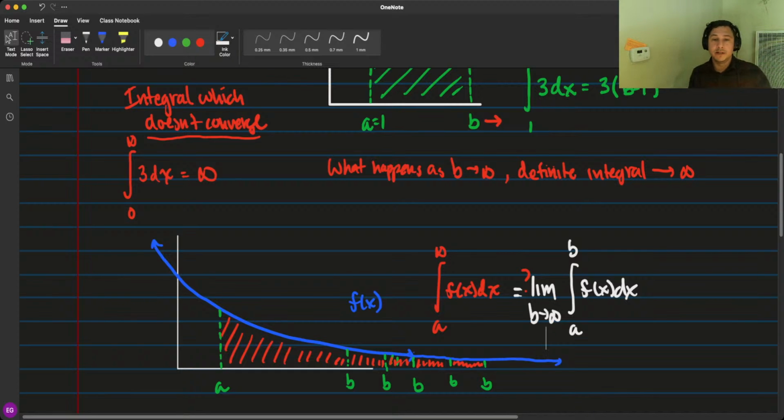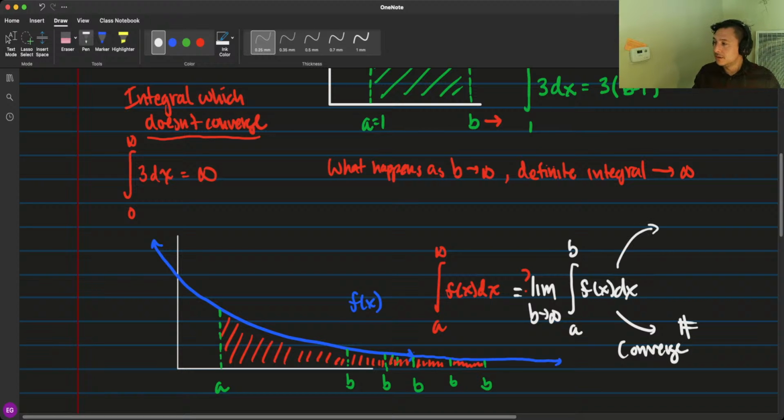And you have two possibilities. Either the integral will converge, in which case you'll get a number, or it will diverge, in which case you'll get infinity.